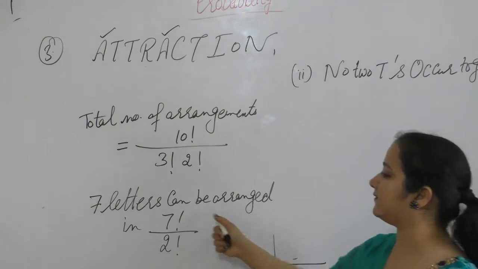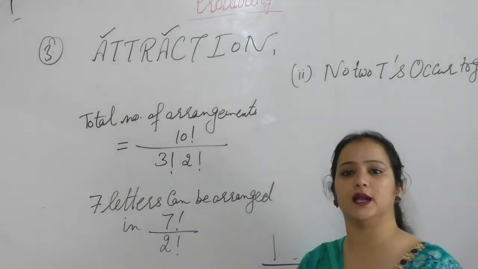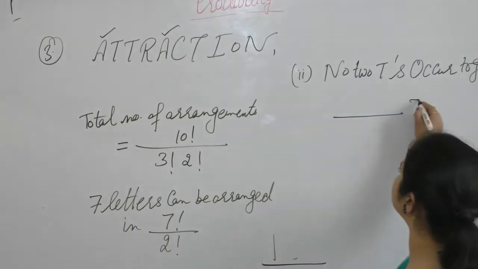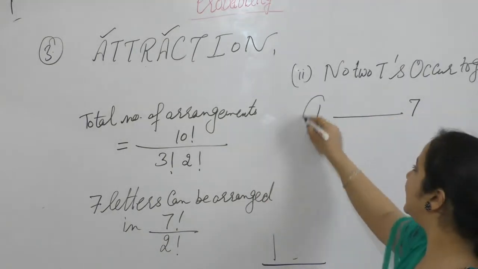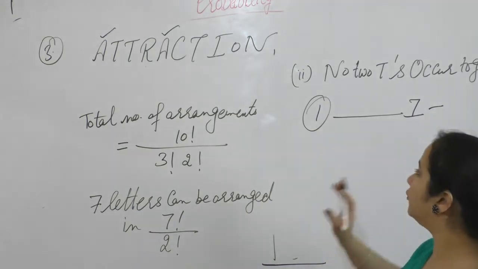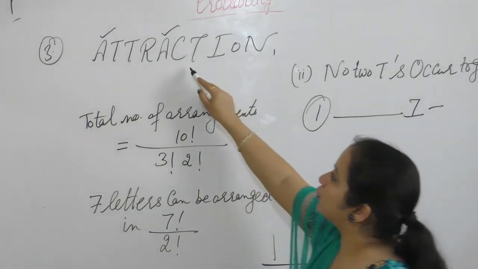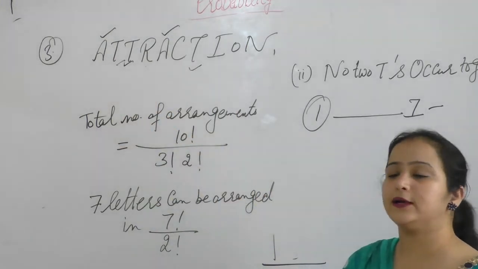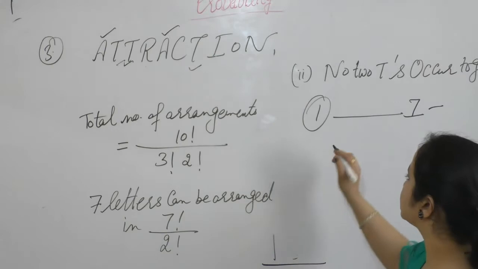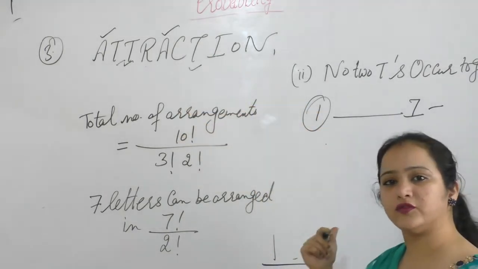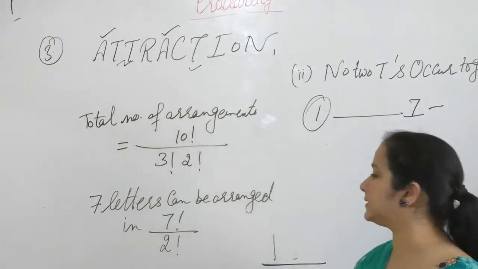We can arrange 7 letters as 7 factorial upon 2 factorial. Now there are 6 letters between 7 letters and 1 letter on extreme left and 1 on extreme right. Now we have 8 places. Out of 8 we have to arrange all the 3 T's but not occur together. So we can arrange 3 T's out of 8 in 8C3 ways.